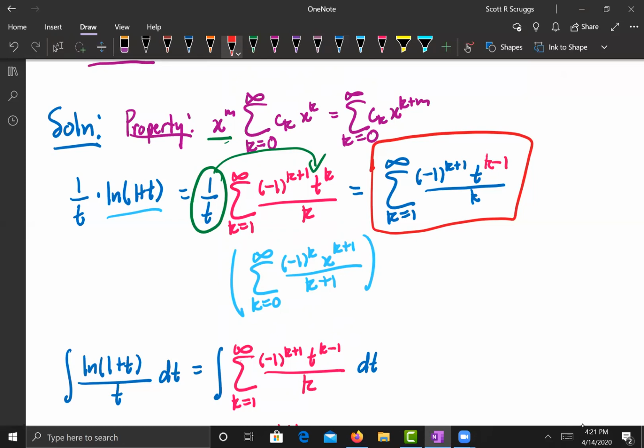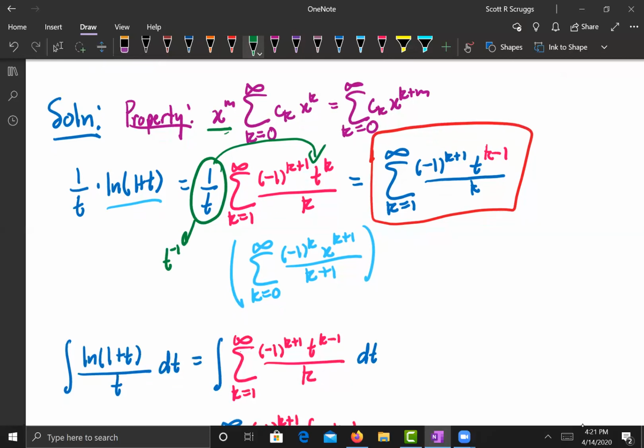And so for that 1 over t, since 1 over t is t to the -1 power, that means m in this case is -1. And so when I move that in, I add my old exponent to the -1 to give me the k minus 1. So that was how I got my initial equation before I did the integral.